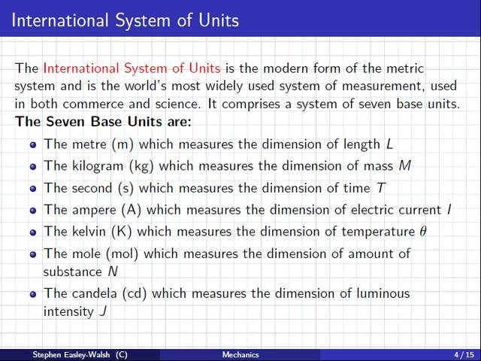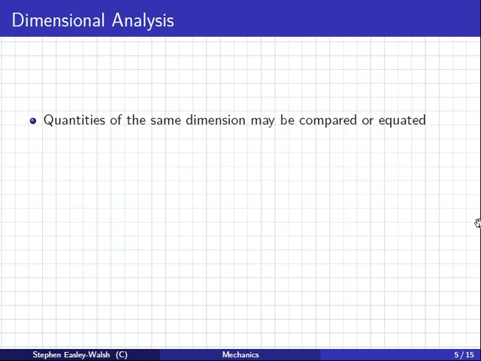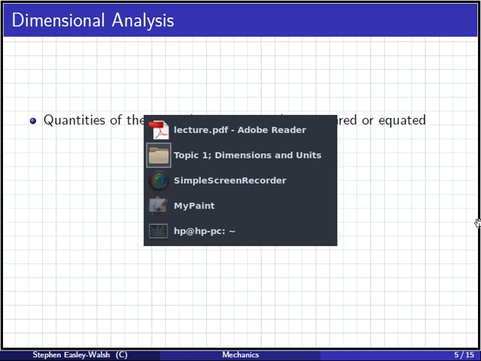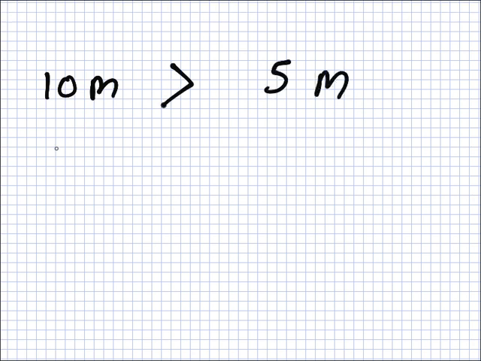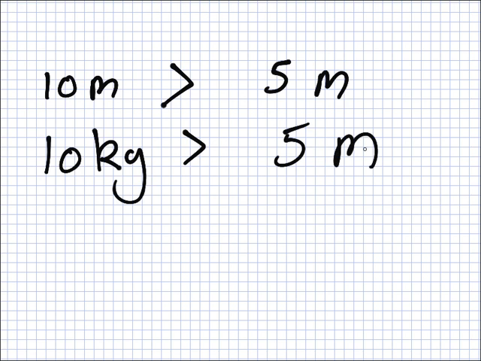Okay, so the first fact: if you have the same dimension, you can compare or equate. Now, I believe you already know this. For example, I can say something like 10 meters is more than 5 meters. True? Obviously true. But I can't say 10 kilograms is more than 5 meters.